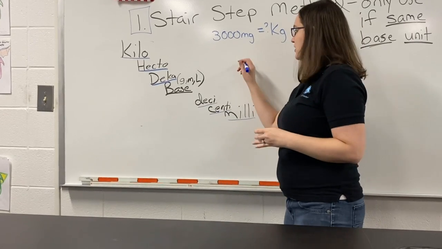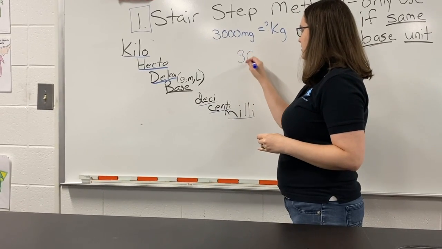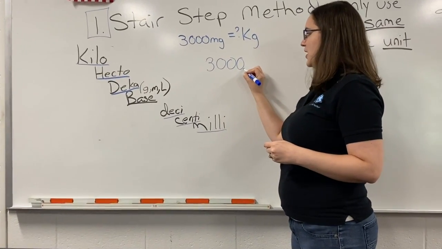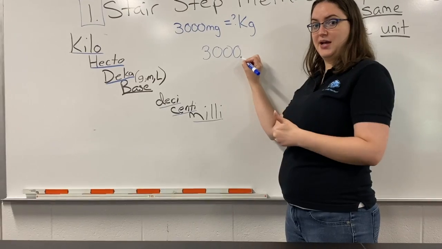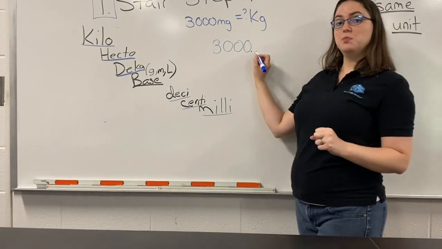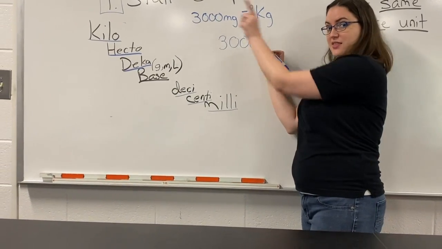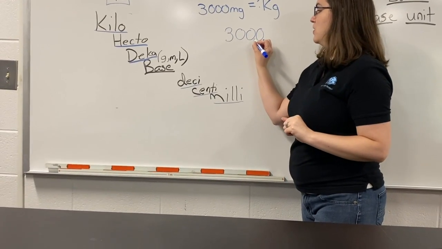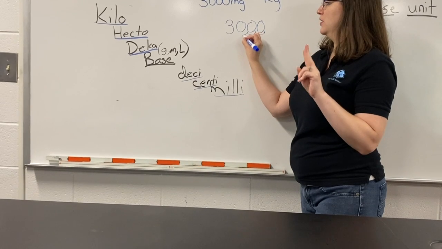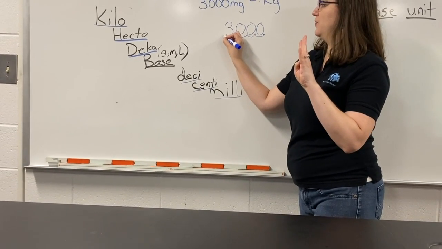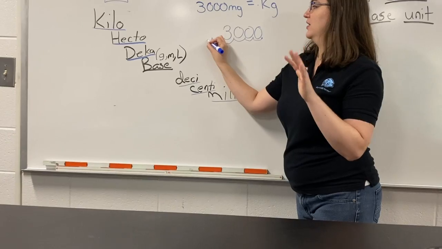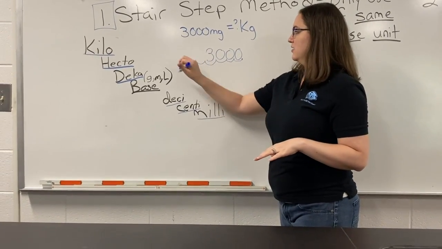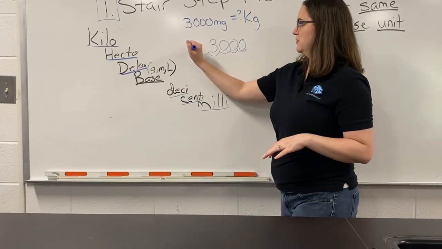If you look at the number 3,000, the decimal place is understood to be right at the end, right behind it. We move the decimal place in that direction 6 times: 1, 2, 3, 4, 5, and 6.